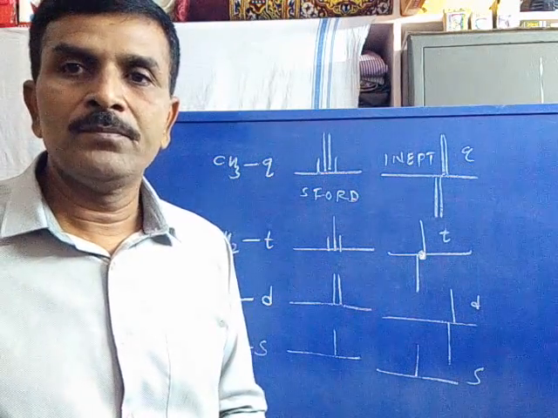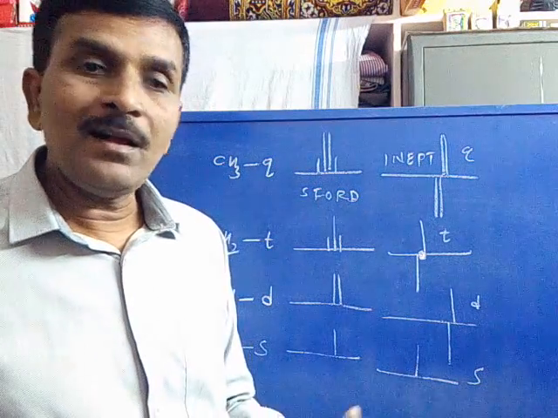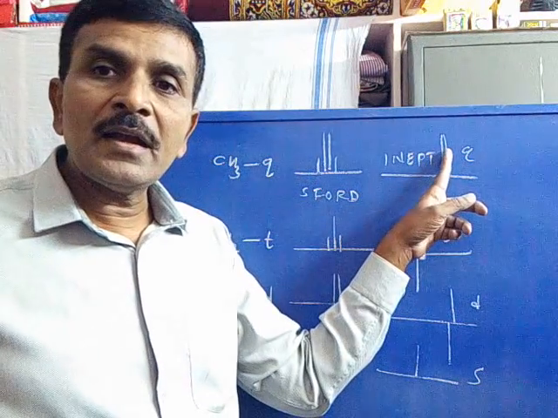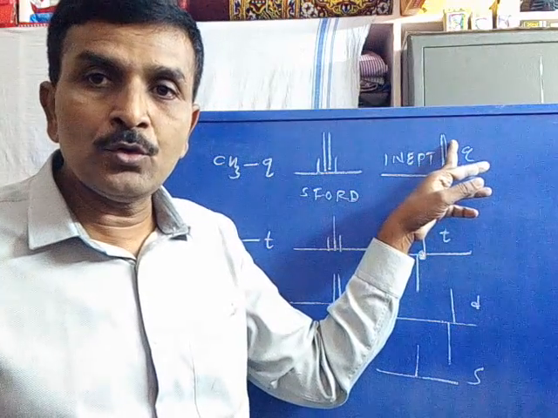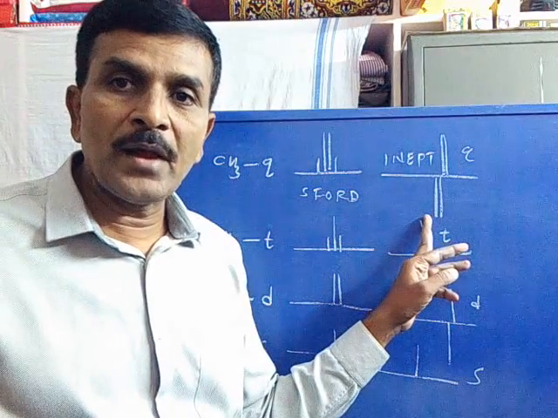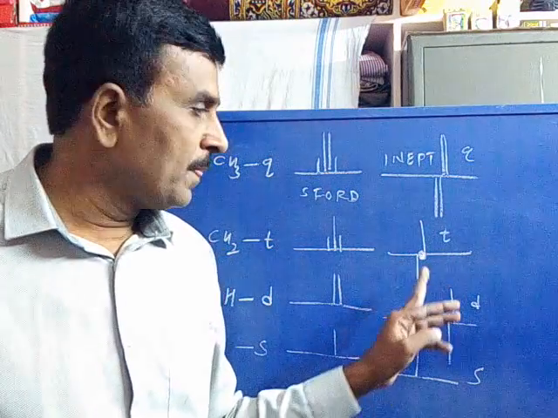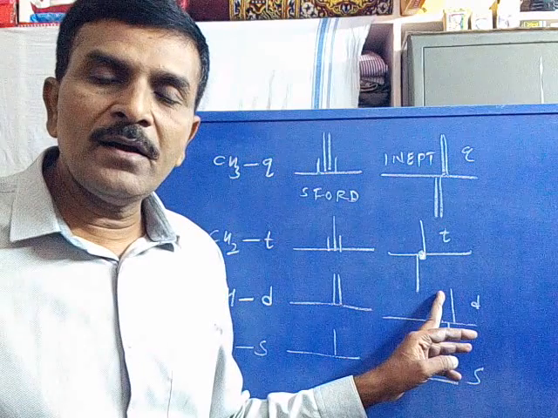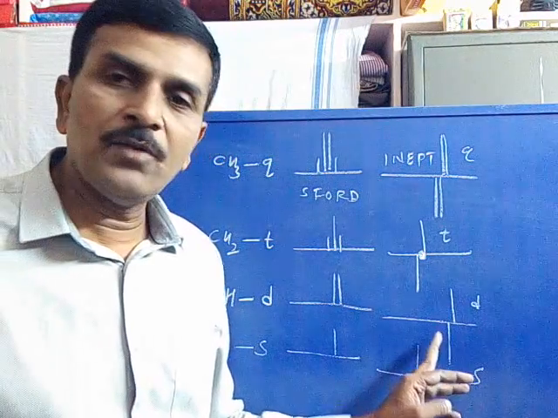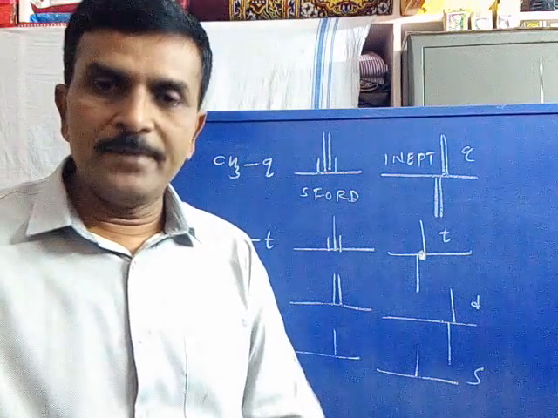Whereas in the INEPT experiment, a quartet signal is recorded with two positive lines, two negative lines. Triplet with one positive, one negative line, with zero intensity middle line. A doublet appears as one positive, one negative line. A singlet is always a positive line.